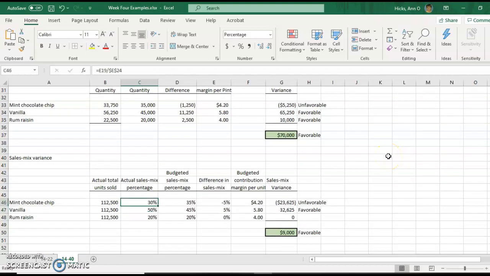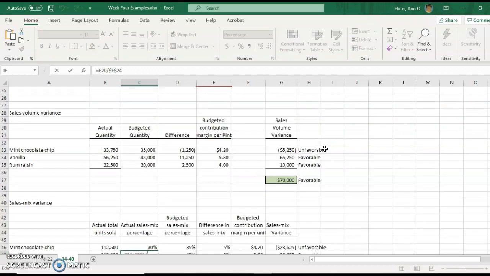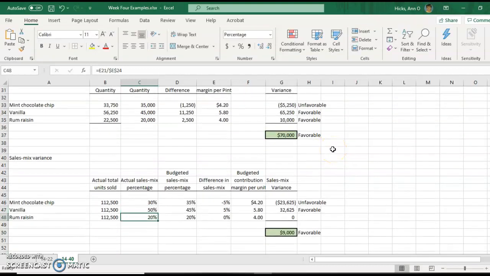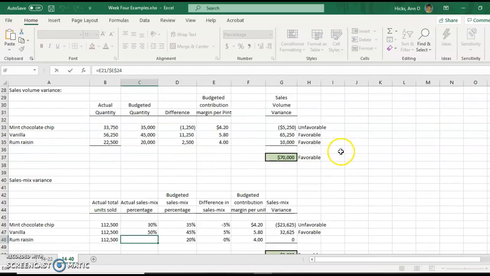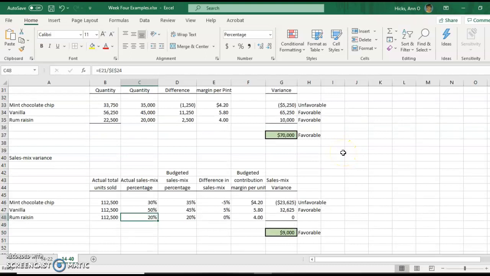So our mint chocolate chip ended up actually being 30% of total sales. Vanilla was 50% of total sales. And rum raisin was 20% of total sales. Okay. Then in the next column, what I've calculated is the budgeted sales mix percentage. Okay, what did we budget that we would sell of each kind?